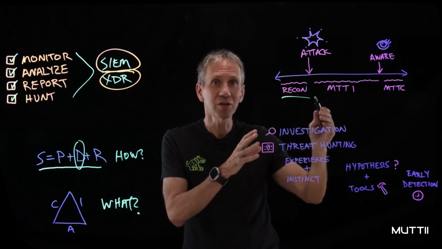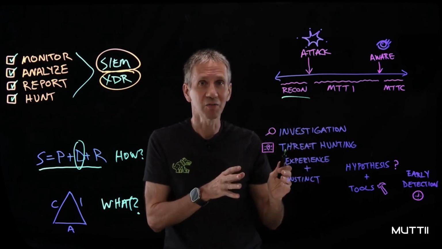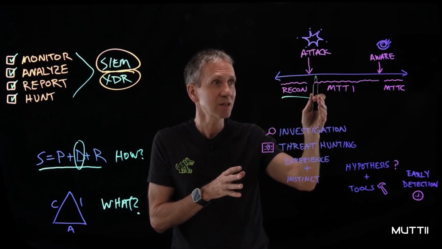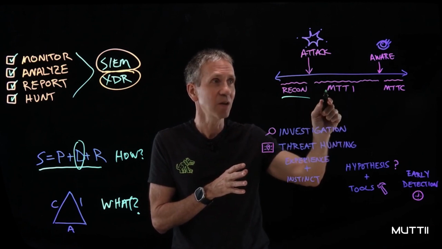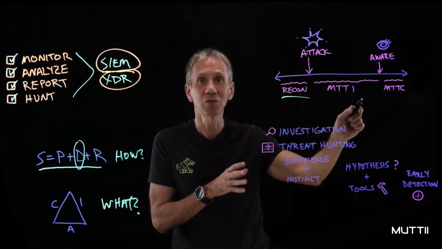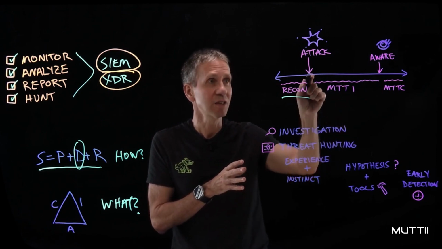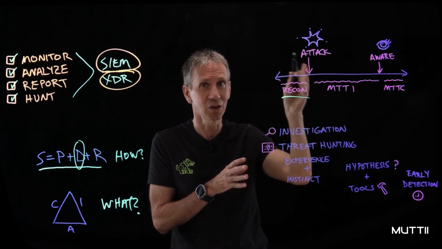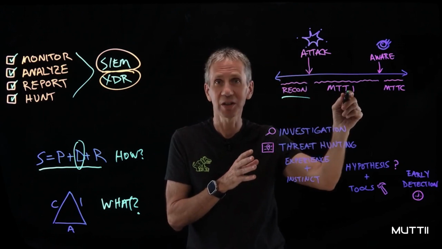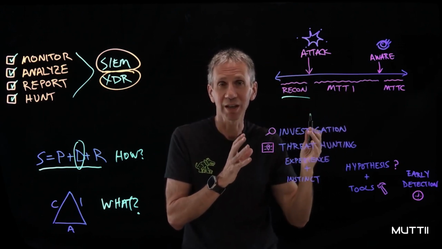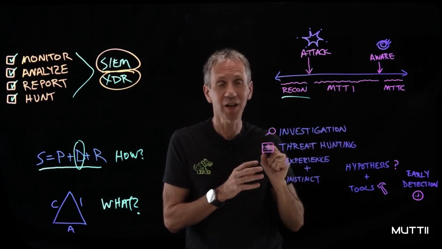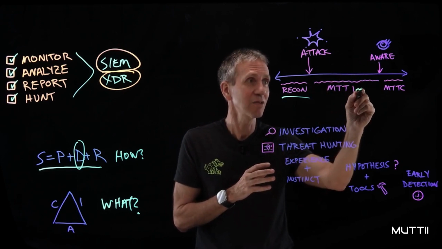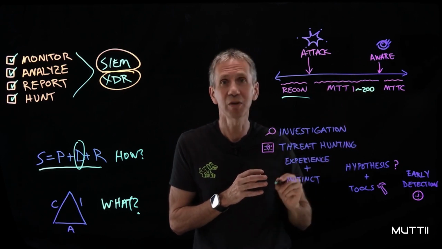Then, according to Ponemon Institute's Cost of a Data Breach survey, there's a delay in time until we have the mean time to identify. In other words, the guy attacks me at this point, after he's finished his reconnaissance, he goes in. Now, how long does it take before the organization is aware that they've been attacked? Well, it turns out this is on the order of 200 days.